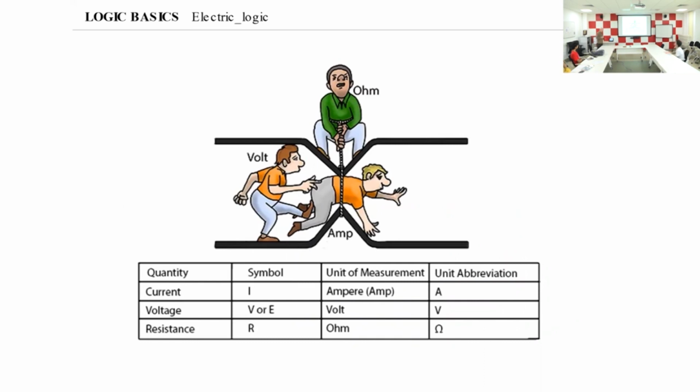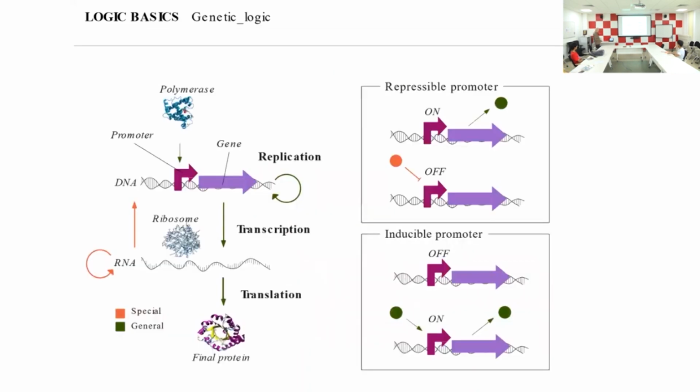And one open issue that appeared at the beginning of synthetic biology was whether there were formal equivalents for amperes, for volts, and for ohms. So you can speculate that at least one of the parameters, the current, could be made equivalent to this concept of POPs, polymerase per second, that goes from one promoter to the other.